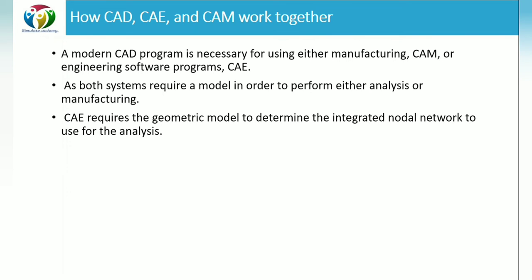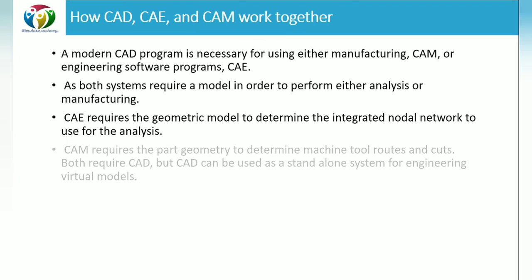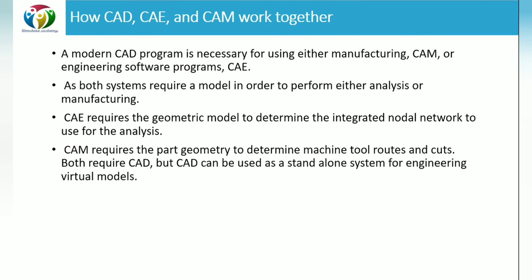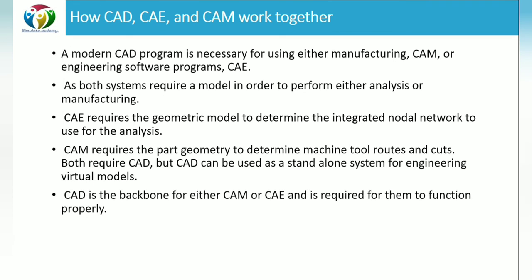CAE requires the geometric model to determine the integrated nodal network to use for the analysis. CAM requires the part geometry to determine machine tool routes and cuts. Both require CAD, but CAD can be used as a standalone system for engineering virtual models. CAD is the backbone of either CAM or CAE and is required for them to function properly.